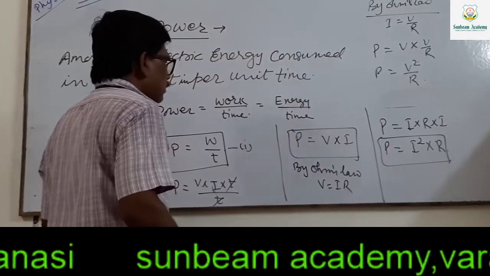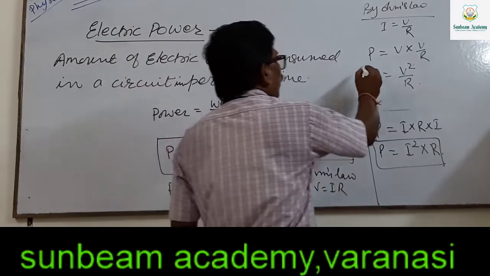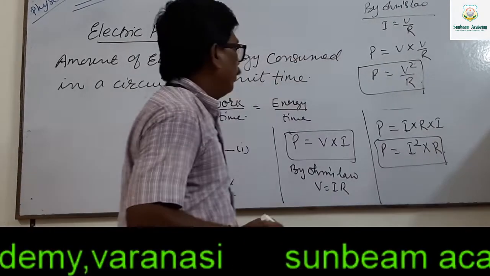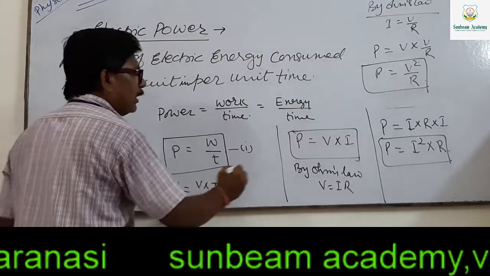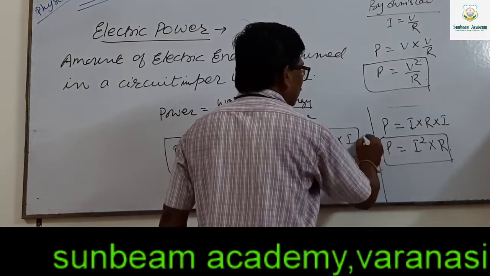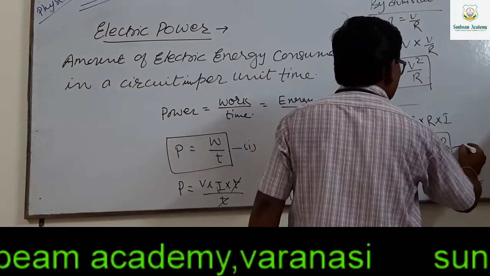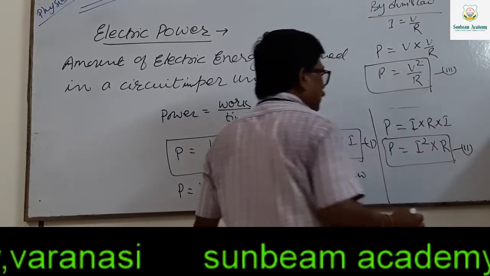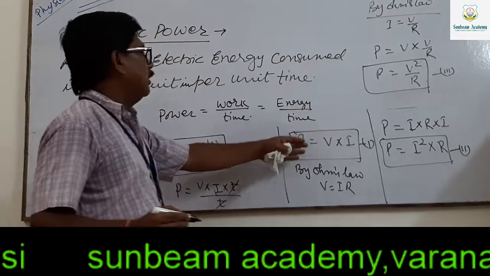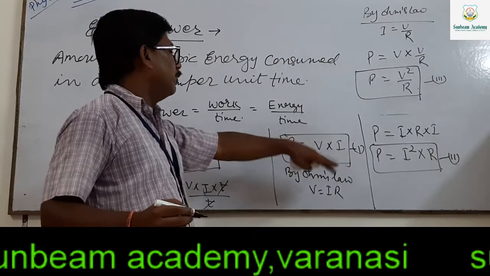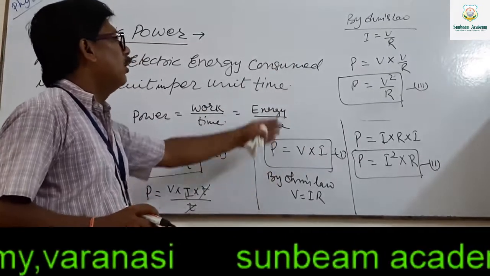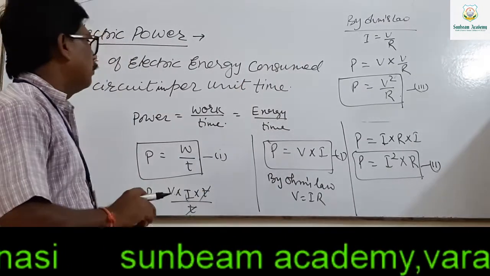So this is one formula of power, this is the second, and this is the third. By changing or substituting the value of V and I, you can get several formulas to calculate the power.